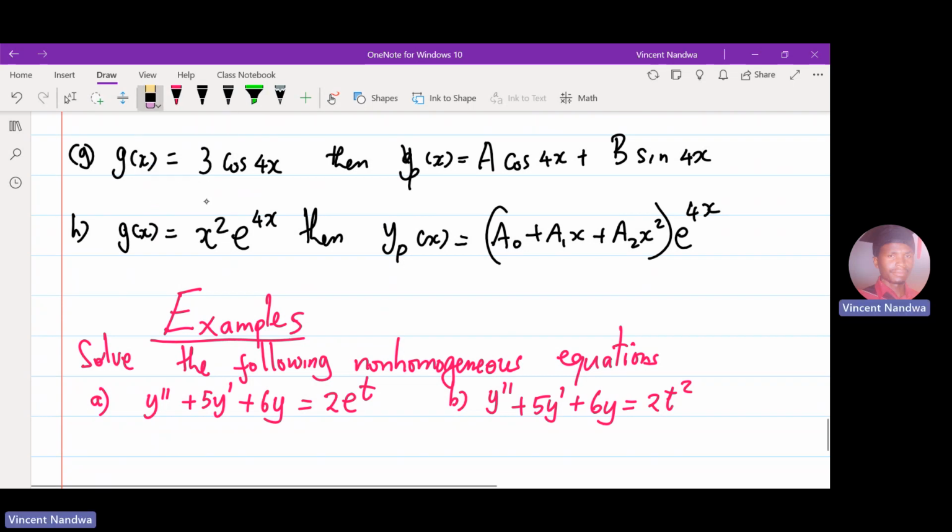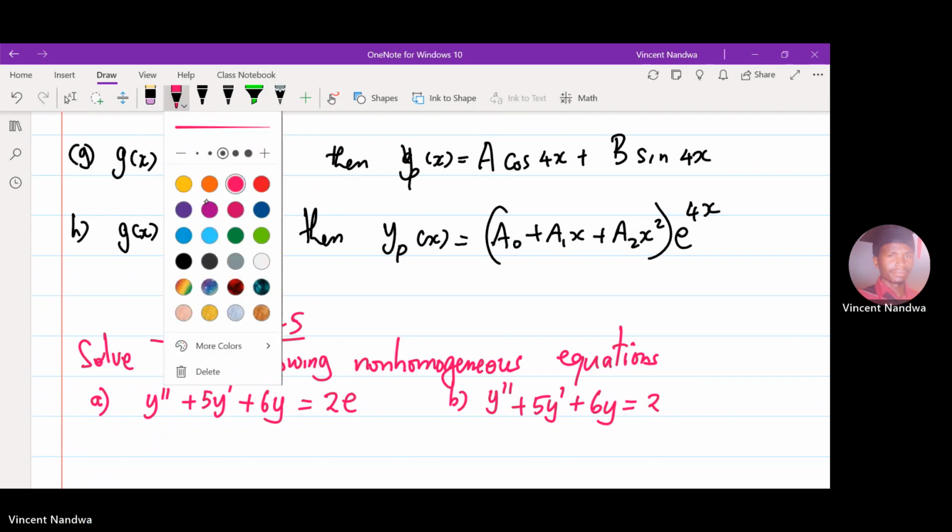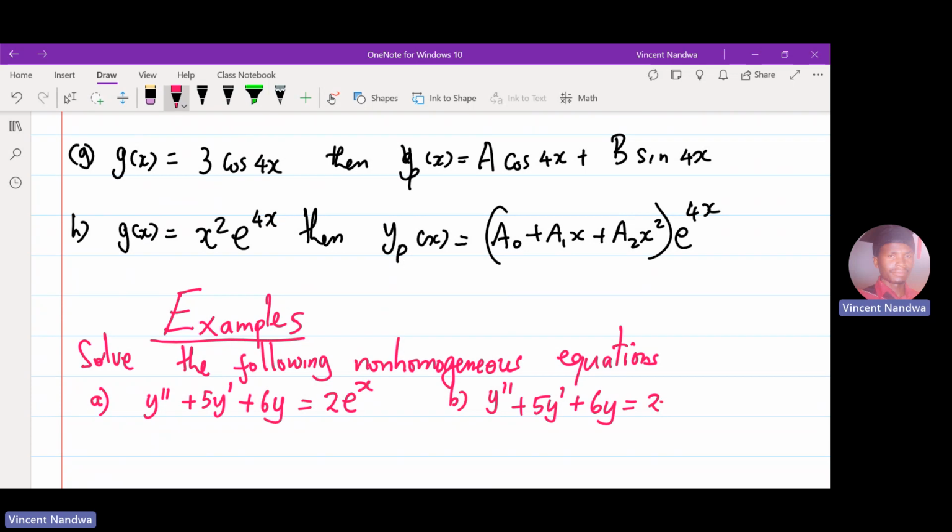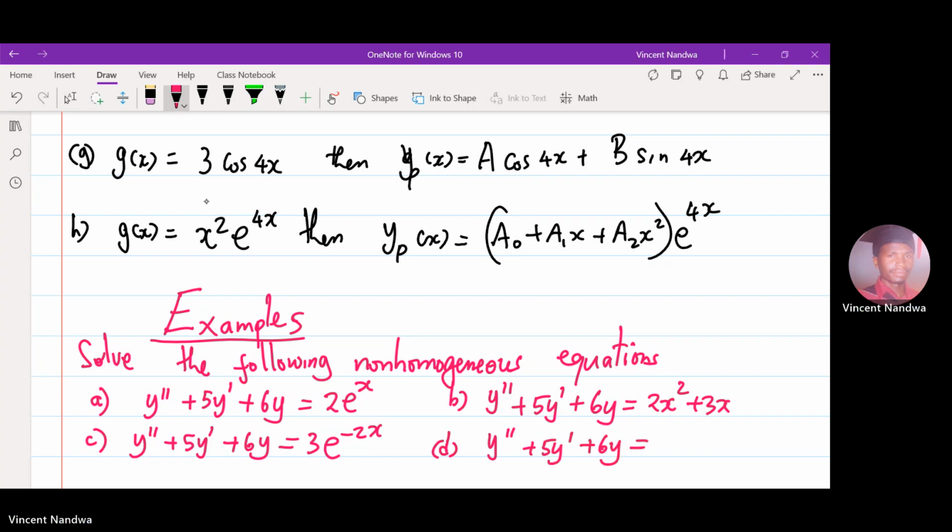Okay, just for consistency, let's use our variable to be x. So 2x squared plus 3x. C, y double prime plus 5y prime plus 6y equals 3e raised to power negative 2x, and D, y double prime plus 4y prime plus 6y equals 4 cosine of x.